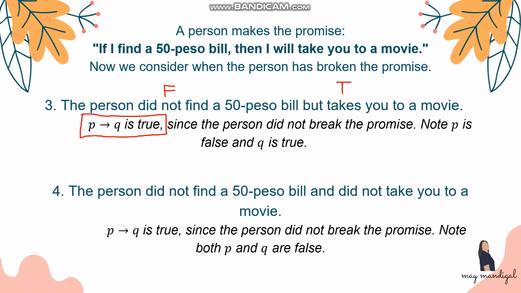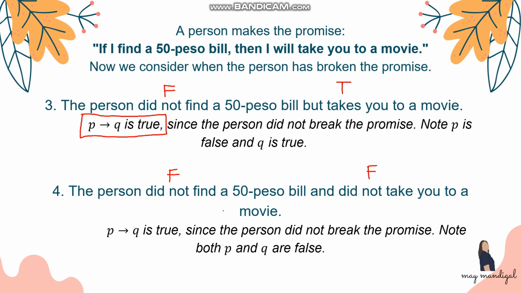And lastly, we can write: the person did not find a 50 peso bill and did not take you to a movie. So in this case, the person did not find a 50 peso bill, so that's false. And did not take you to a movie as well, so that's false also.